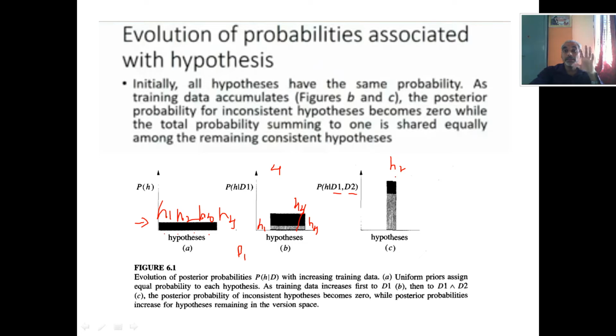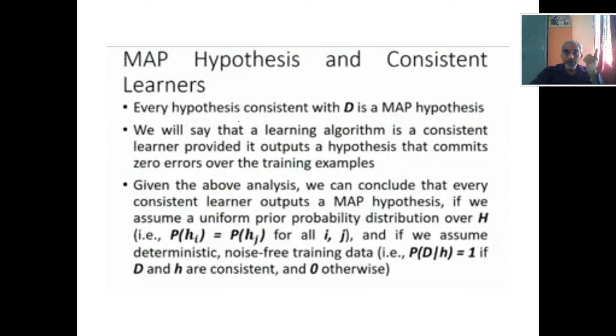So we can say it is the maximum a posteriori hypothesis. Out of the 4 hypotheses, which is your MAP hypothesis? H2, because the probability is more for that, right? So every hypothesis which is consistent with D is a MAP hypothesis, right?